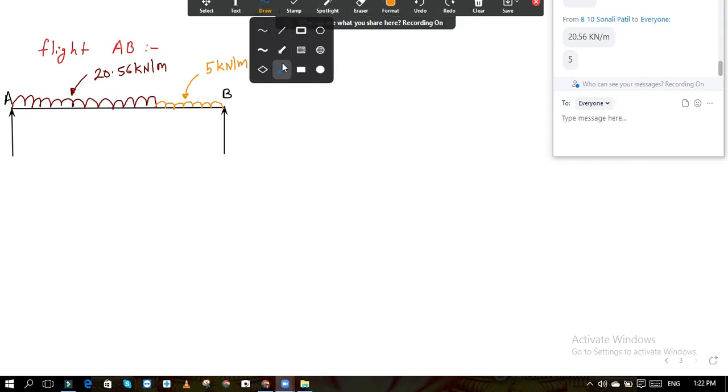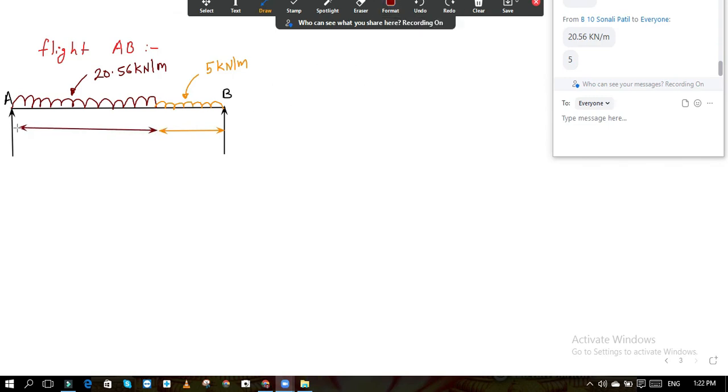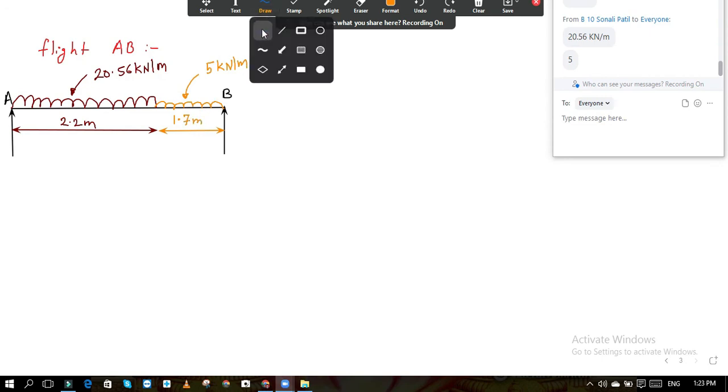And now the length, this is 1.7, which is 1.5 plus 0.2 of the support. And at this side it is 2.2, so this is 2.2 meter and this is 1.7 meter. You can refer to the diagram which is already there with you.